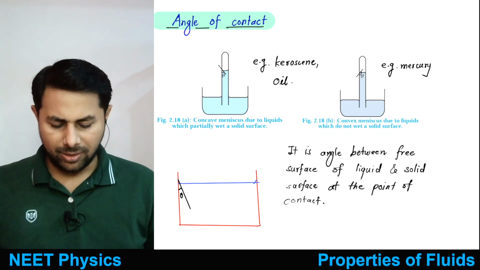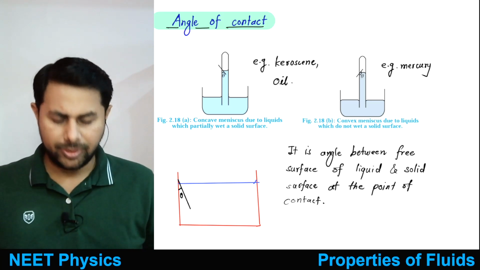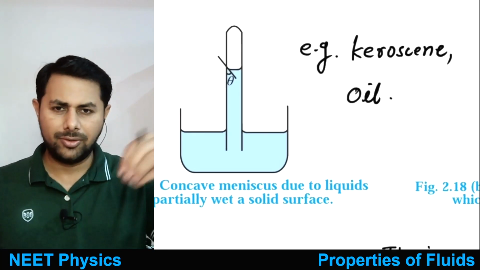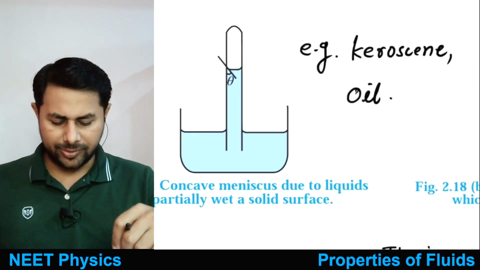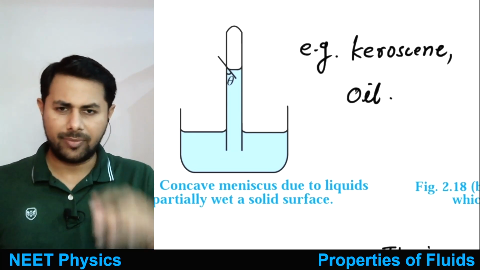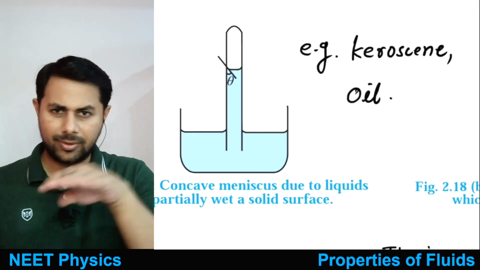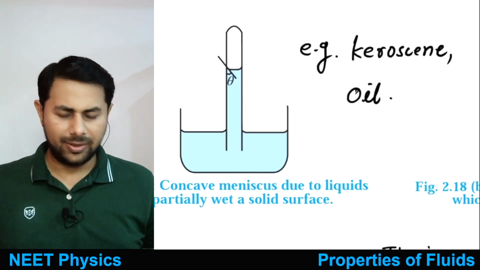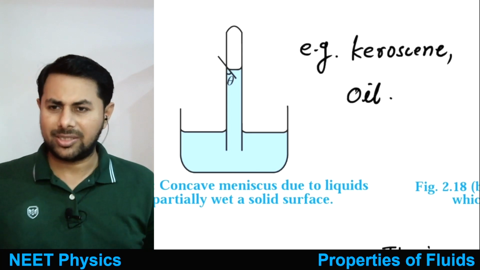Now what is the angle of contact? Suppose you take a test tube and pour some water in it. You will see that the free surface of water, or any other liquid, makes some meniscus, as you might have seen in the chemistry lab.